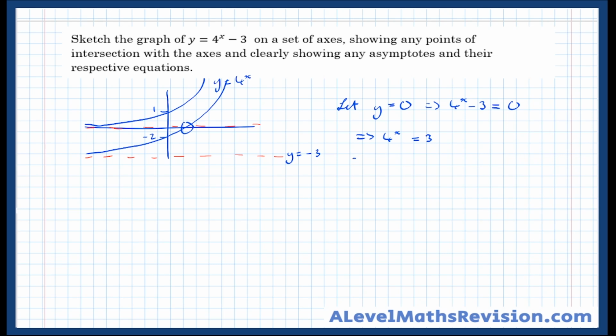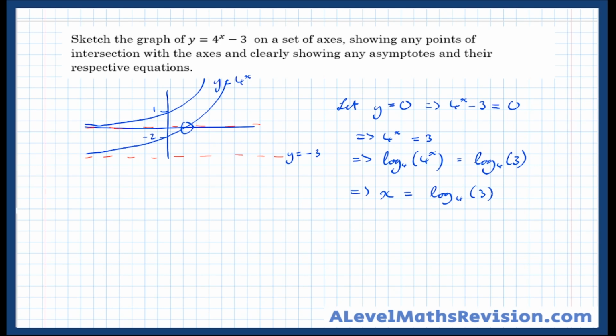Taking log base 4 of both sides, log base 4 of 4 to the x equals log base 4 of 3. That means that x equals log base 4 of 3.